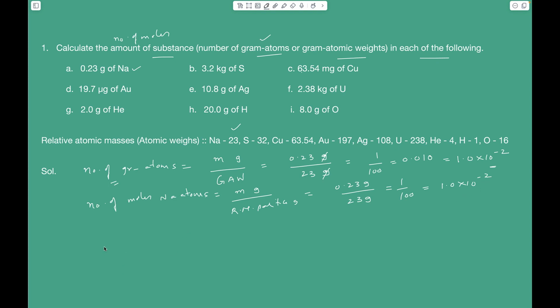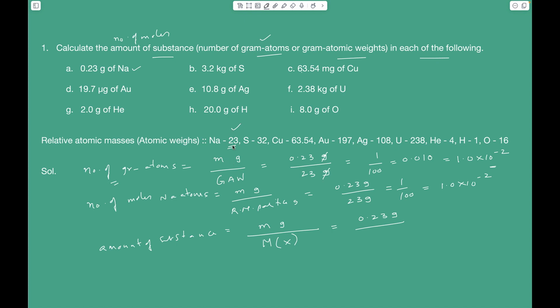Then how do you get the amount of substance? It is mass of the element given in grams over the molar mass of that element, whatever that element is. What is the mass given? 0.23 grams. And what is the molar mass? Here we are talking about sodium atoms, and its atomic weight is 23.